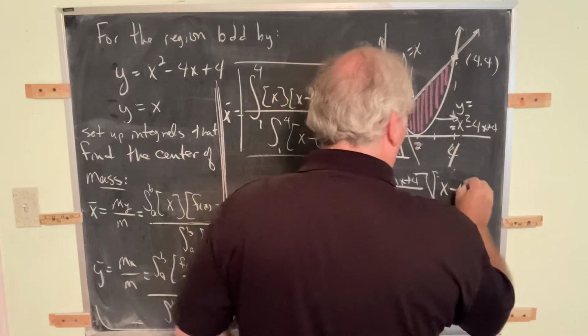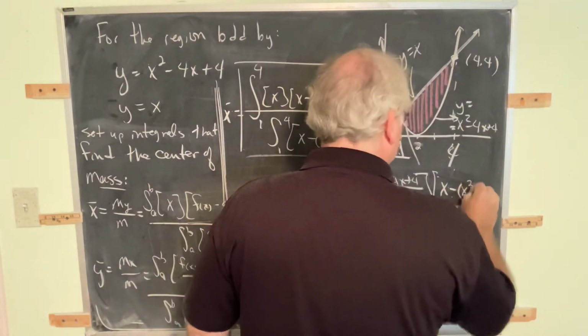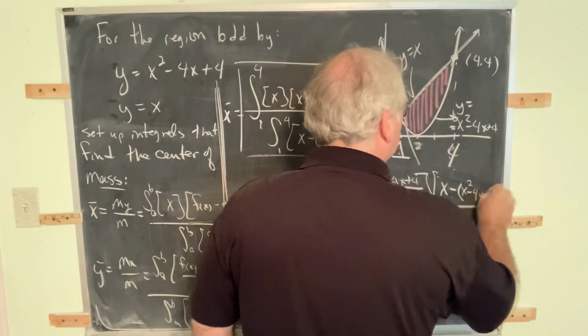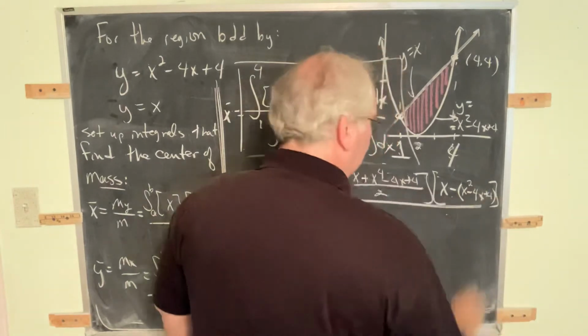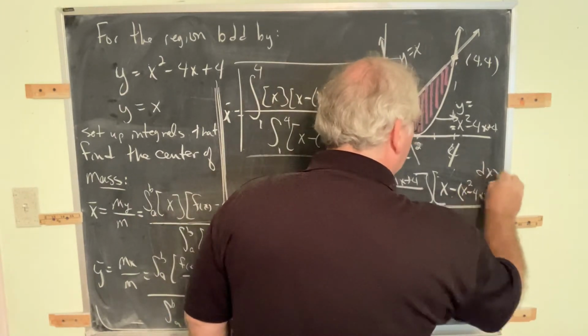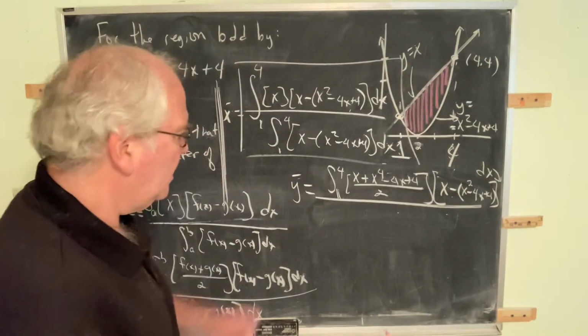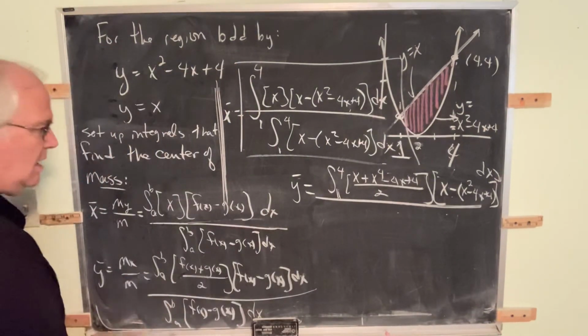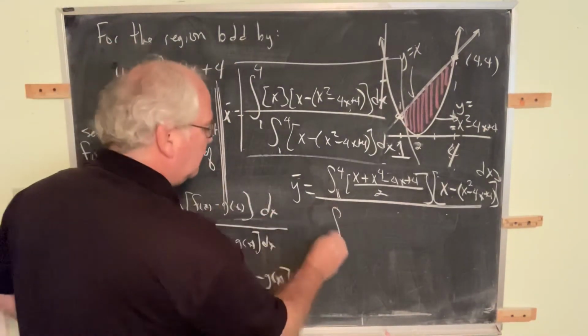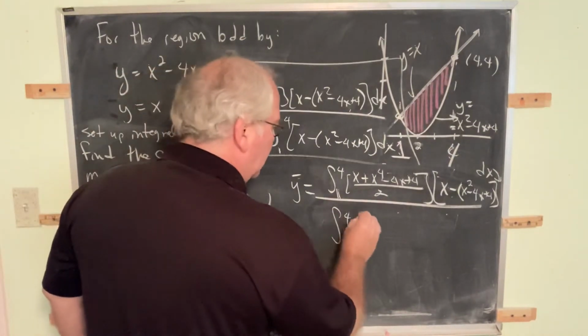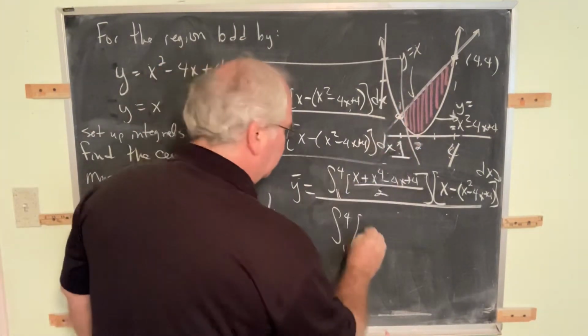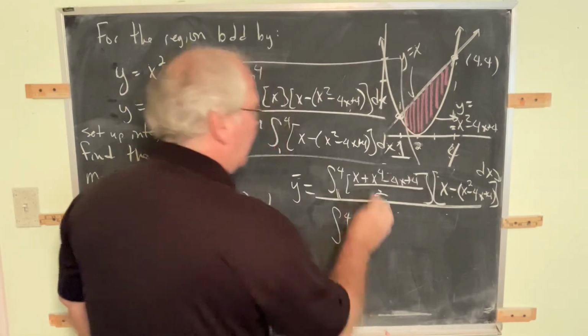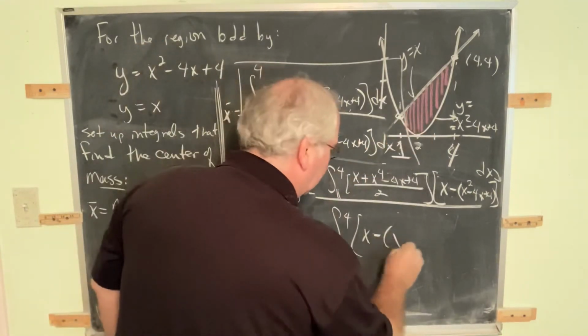Notice when you subtract, you have to make sure you subtract with parentheses as always. I left out my dx here. I ran out of space. The mass is the same, the integral from 1 to 4 of the difference, top curve, which is still the line, minus bottom curve, which is still the parabola.